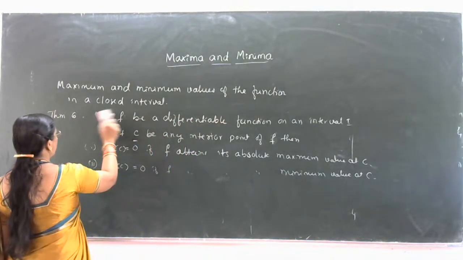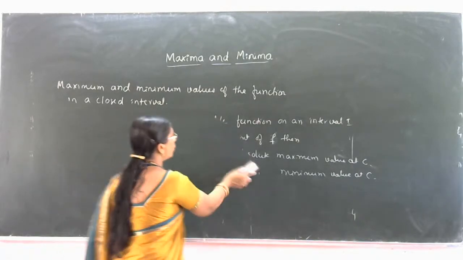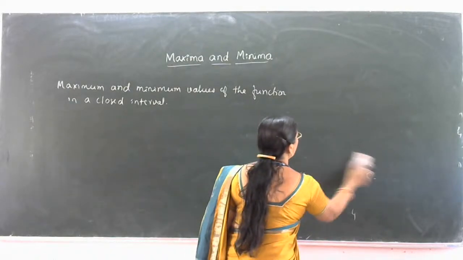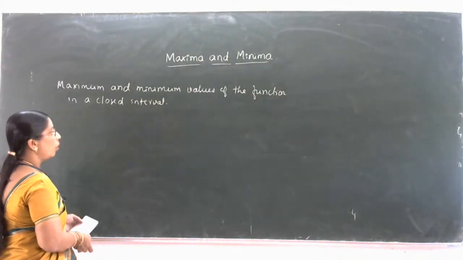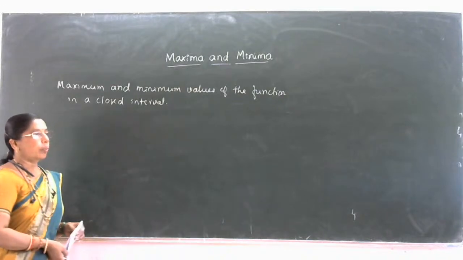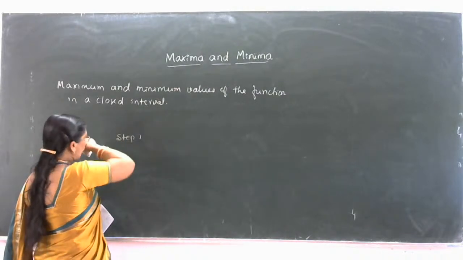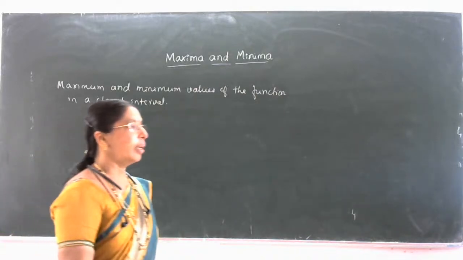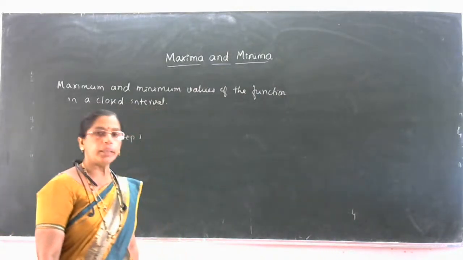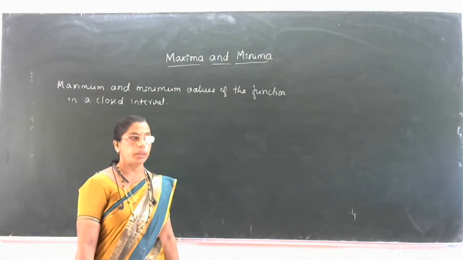We find the absolute maximum and absolute minimum value of a differentiable function. We use the following steps. Step 1, we differentiate the function, equate the derivative of the function with 0 and find the critical points.